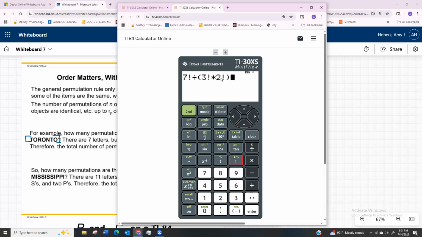And you notice I put the bottom of that in parentheses so the calculator knows I want both the 3 factorial and the 2 factorial under the division sign. Hit enter and I get my 420.